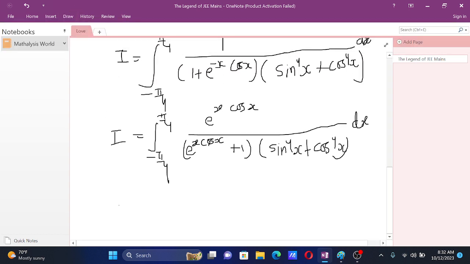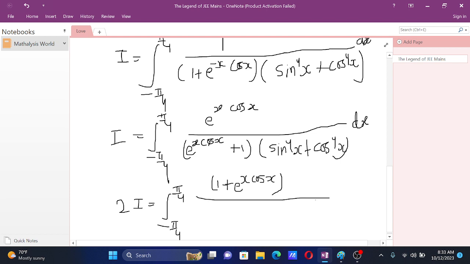That is, our 2I is equals to integral from minus pi by 4 to pi by 4, 1 plus e to the power x cos x by 1 plus e to the power x cos x by sine to the power 4x plus cos to the power 4x, and then dx.